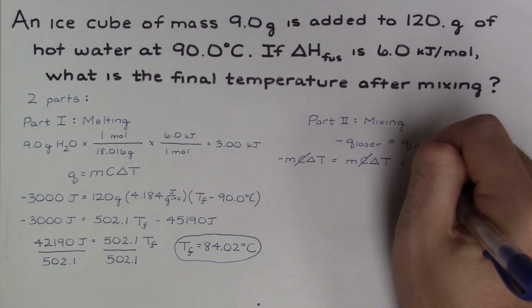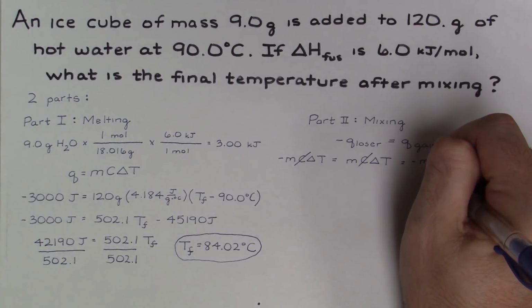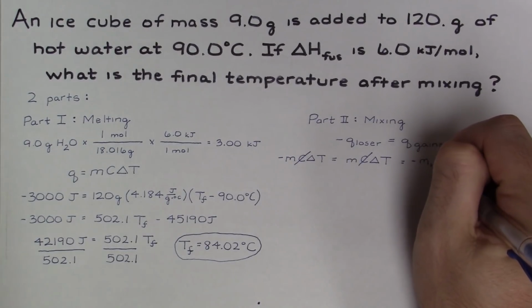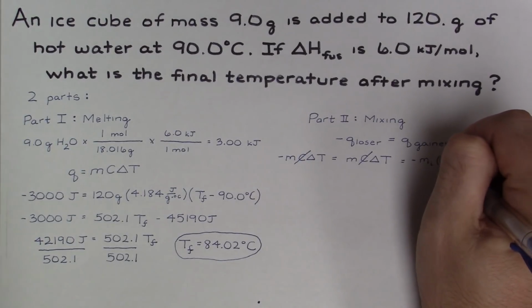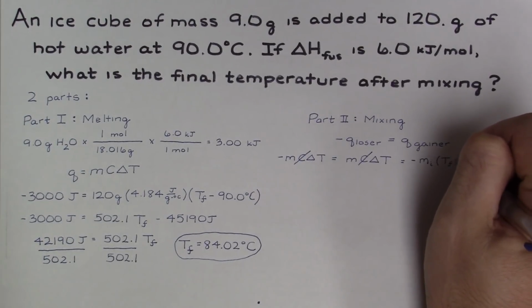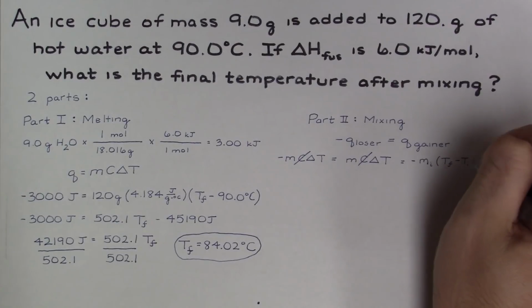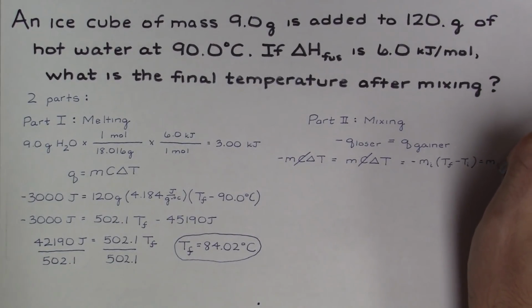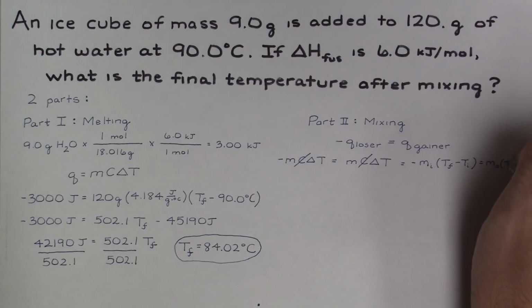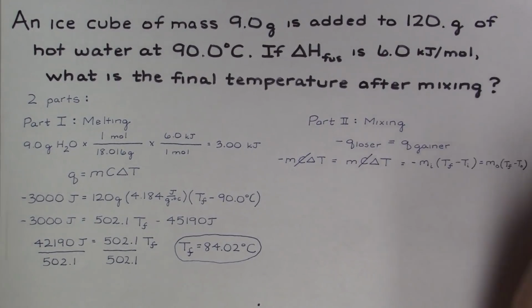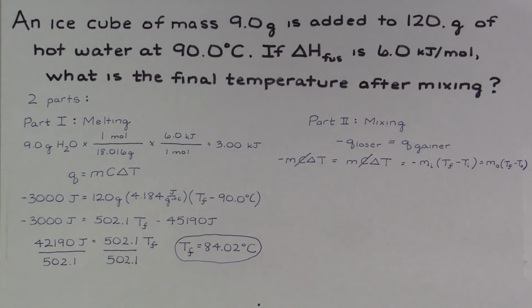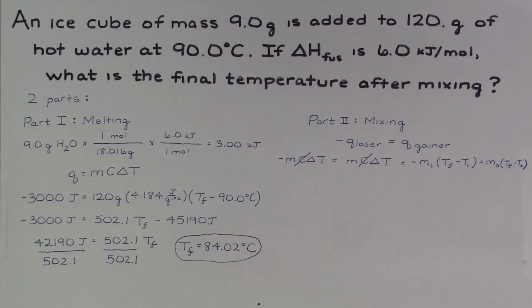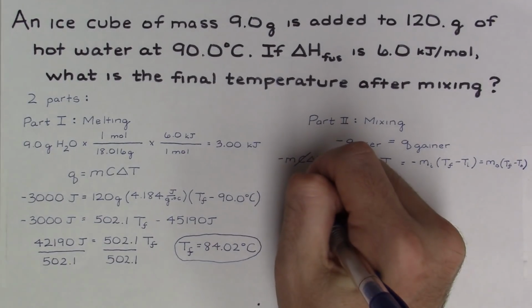So now if we expand out our change in temperatures, you will get negative Mi times T final minus Ti. The I in this case is being used as the initial temperature of the hot water. This is equal to MO, the mass of our cold water, times the final minus the initial, TO, for our other species.